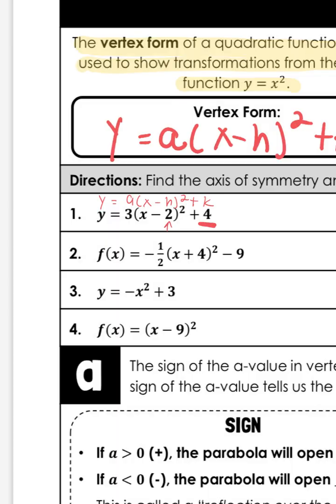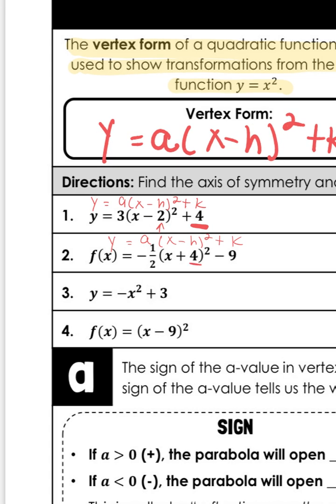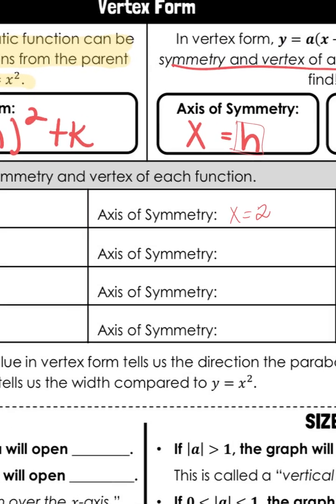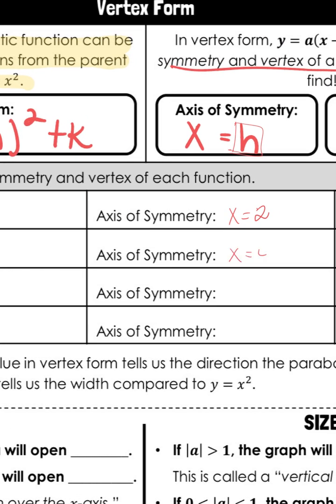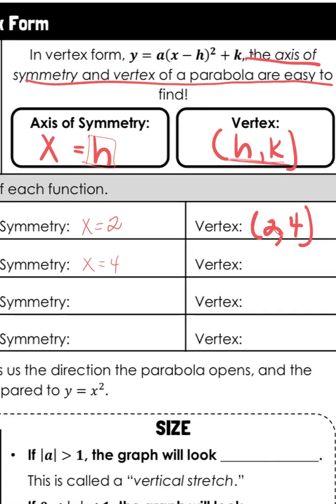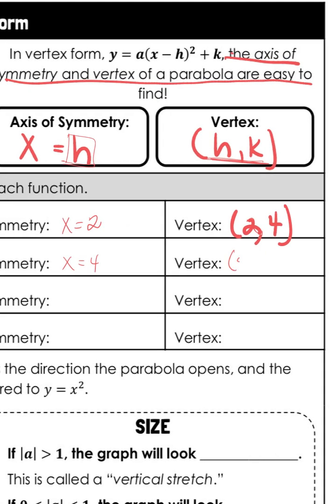In number 2, you're going to do the same thing that we did before. You're going to write the equation of the vertex form over the equation so that you can see where the parts are. So h is -4 and k is -9. So our axis of symmetry is 4 and our vertex is (-4, -9).